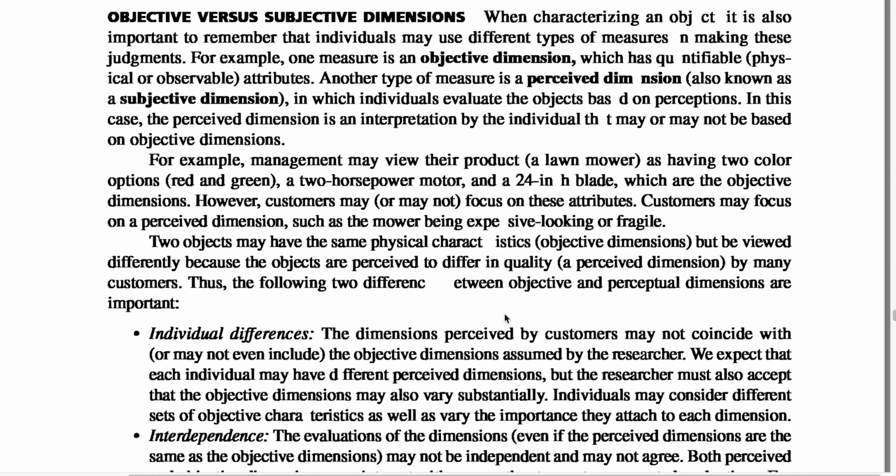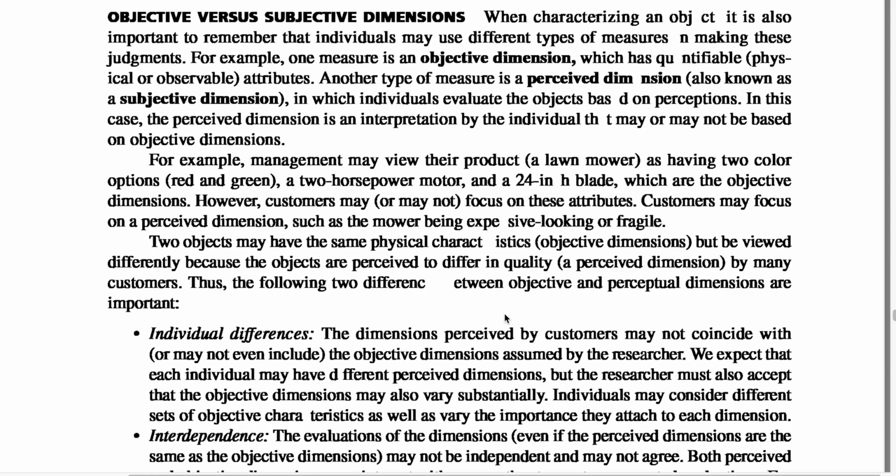Customers may focus on a perceived dimension such as the mower being expensive looking or fragile. Two objects may have the same physical characteristics, objective dimensions, but be viewed differently because the objects are perceived to differ in quality, a perceived dimension, by customers.